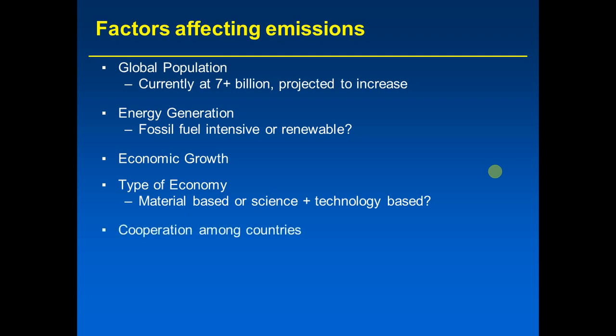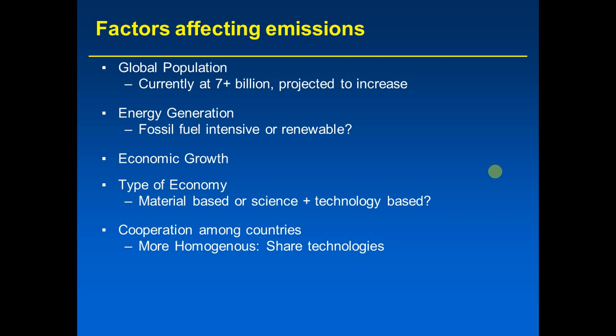Here's another one. Cooperation among countries. Is there a more homogeneous world where countries share technologies, share information with one another, and so perhaps the poorer countries that don't have access yet to the information, the science, the technology of the more developed countries, or perhaps the richer countries, can they learn?